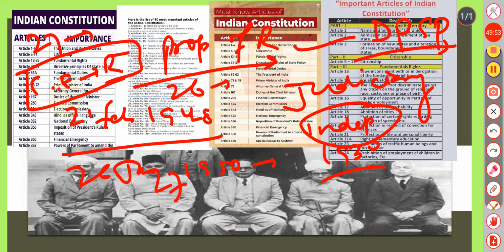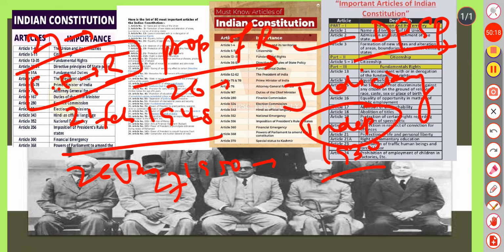Article 47, duty of the state to raise the level of nutrition and the standard of living and to improve public health, right? So Article 48, organization of agriculture and animal husbandry, and Article 48A, protection and improvement of environment and safeguarding of forests and wildlife, right?